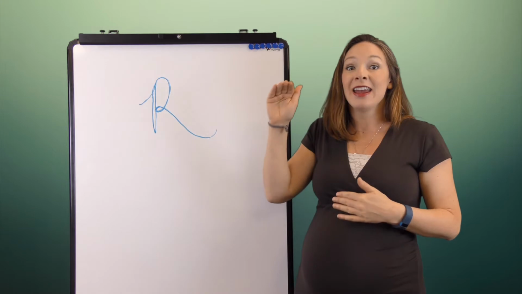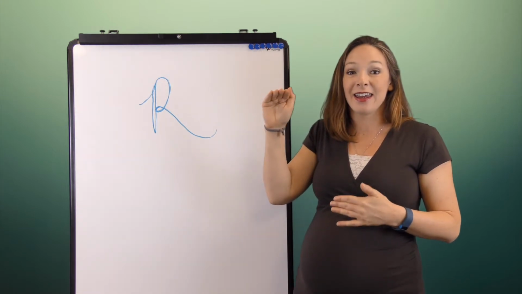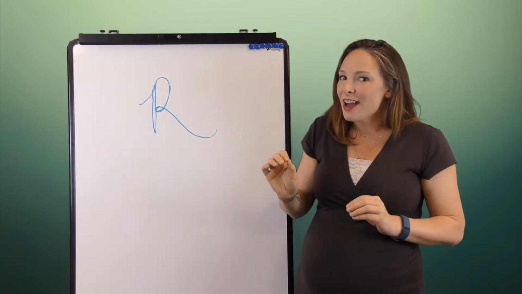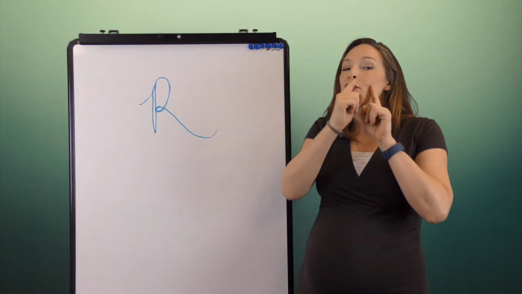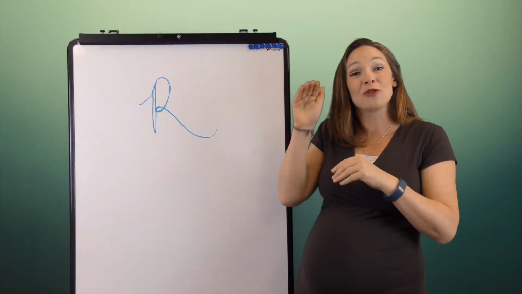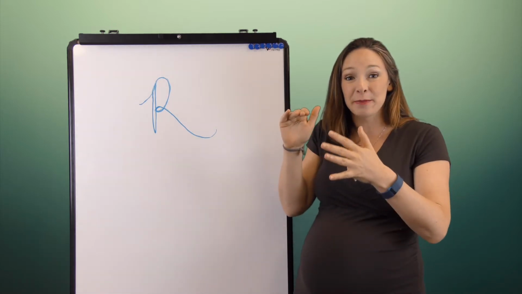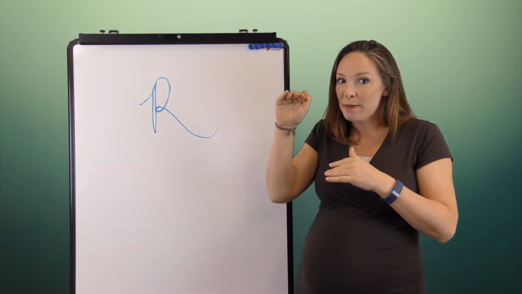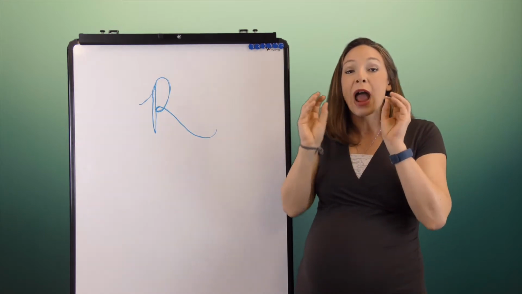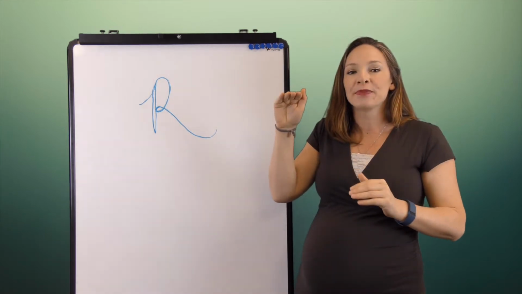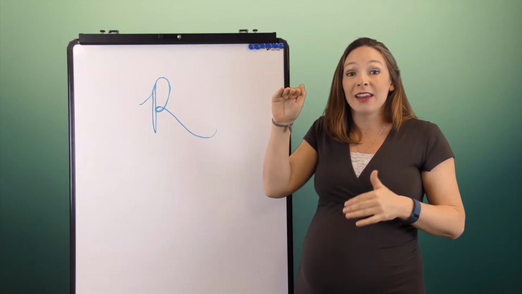Can you do that? The sound is not complete though. The next thing that you need to do is move your lips. So this has to do with both the tongue and the lips. So you've got your tongue in the right position. Okay, good. So now what I'm going to need you to do is round your lips just a little bit.